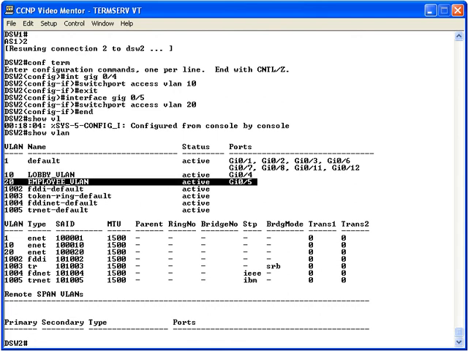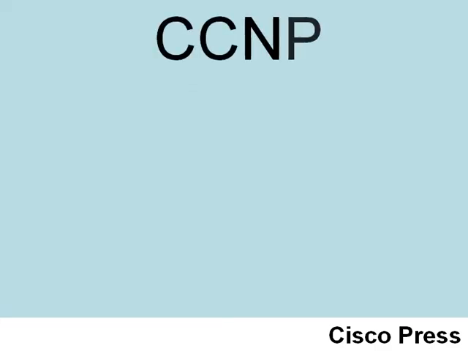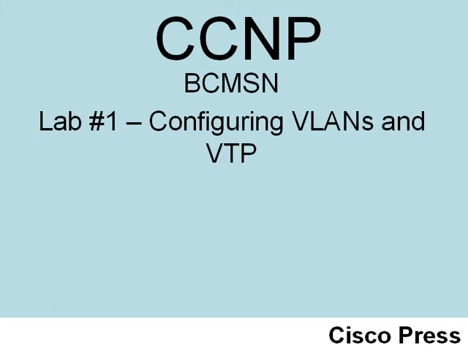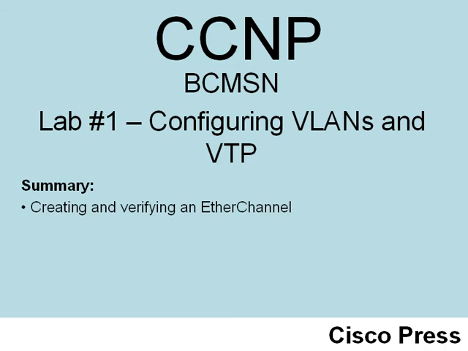At this point, let's review what we have done. We began this lab, BCMSN lab number 1, by taking a look at how we could interconnect a couple of Catalyst switches with not just one physical connection, but with more than one physical connection. And the maximum number of physical connections that we can use, by the way, to interconnect these switches varies based on our switch platform.